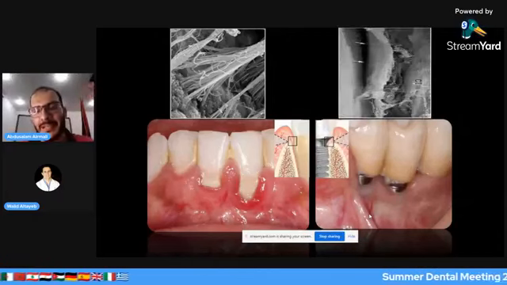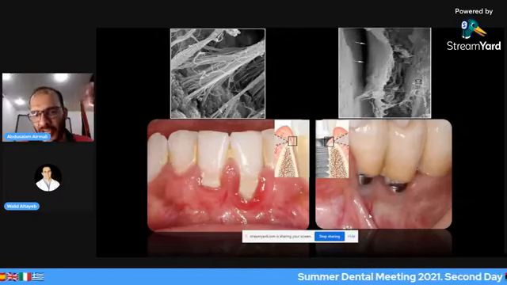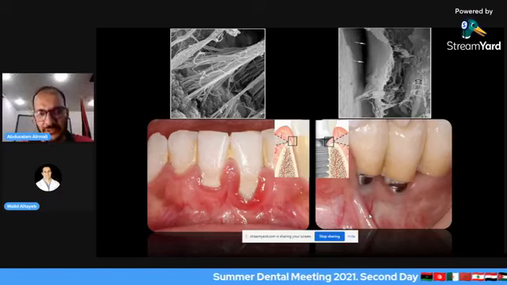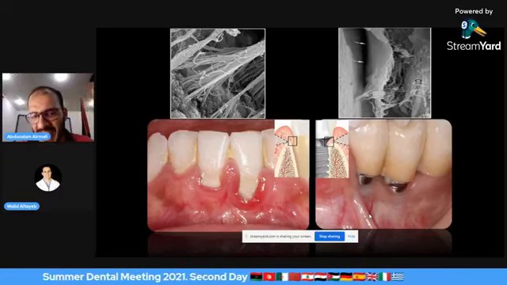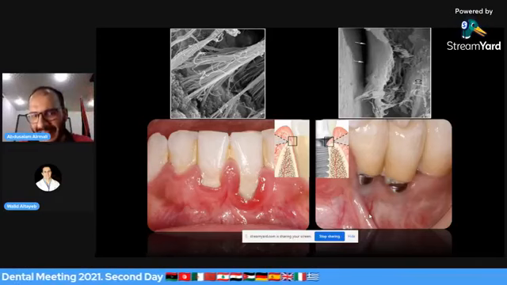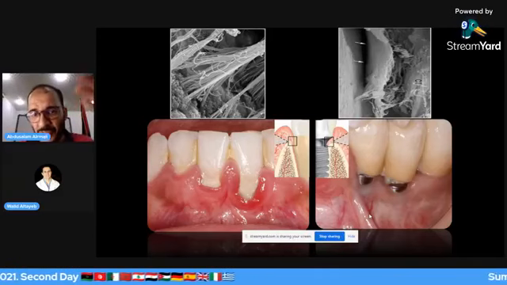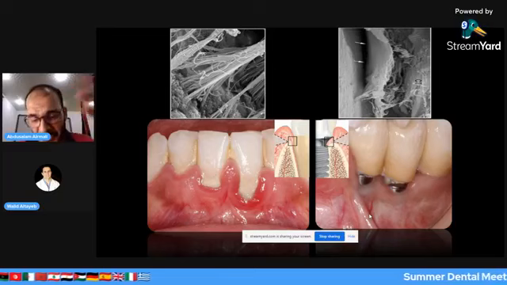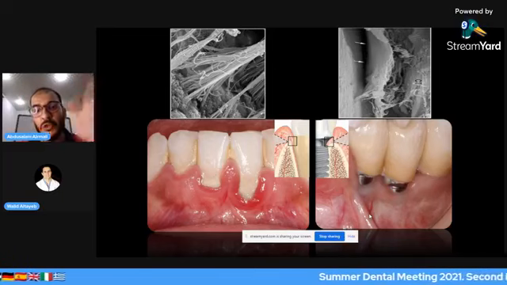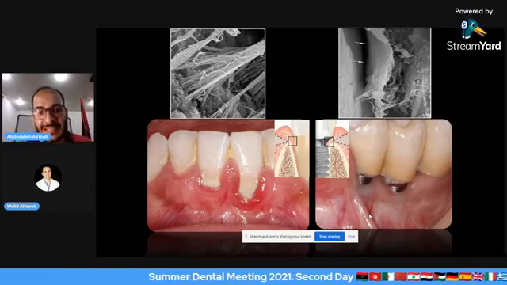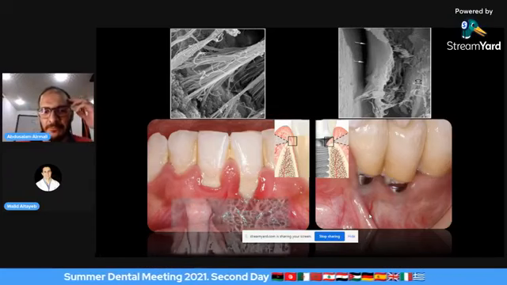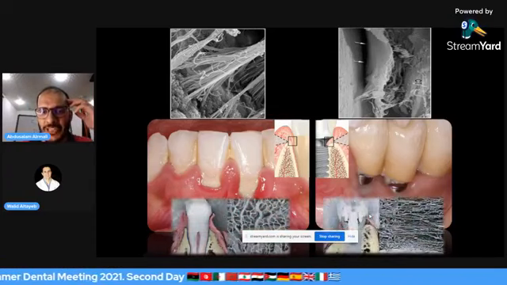But around implants, the orientation and parallelism of the collagen fibers is completely different. The soft tissue around implants is like scar, so there is a chance for bacteria to invade easily, and inflammation to be present easily also. So you cannot compare the soft tissue around teeth and around implants. It is completely different, so the indication is completely different.